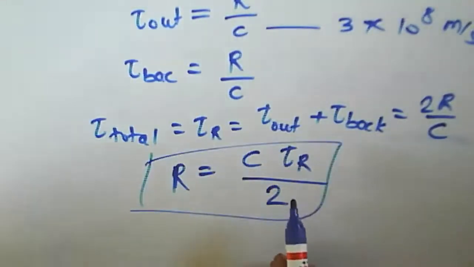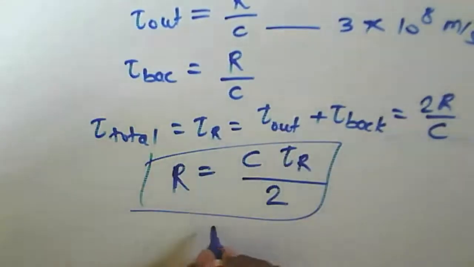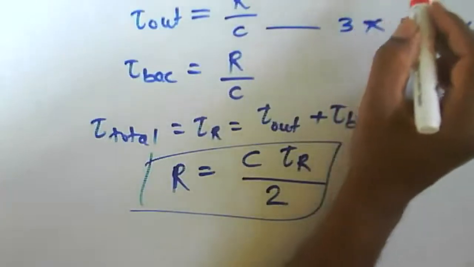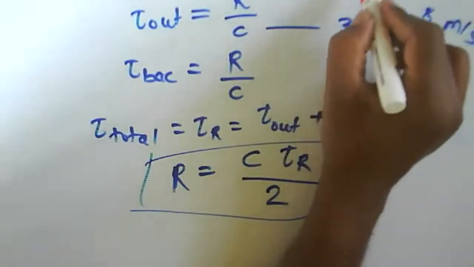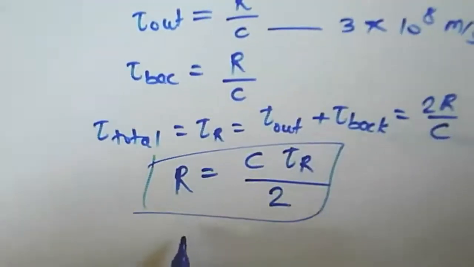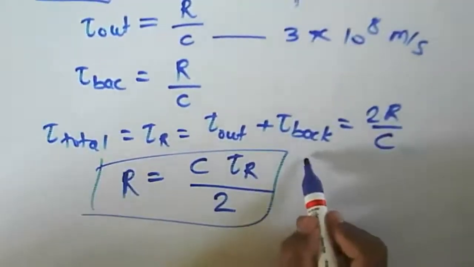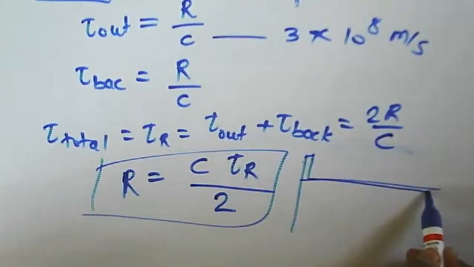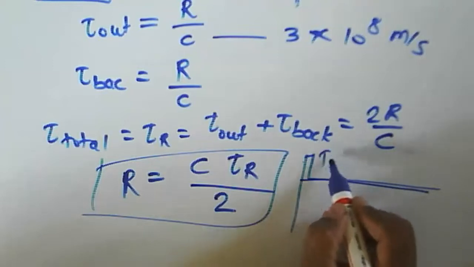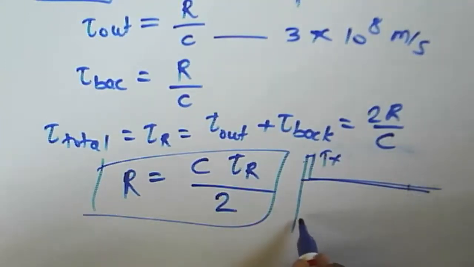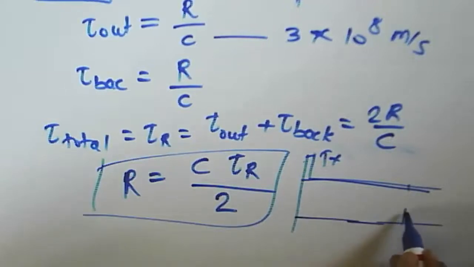Generally, the pulse we are transmitting, I'll draw it here. This is the transmit pulse, and we are receiving a particular pulse here. This one is the receiving pulse.